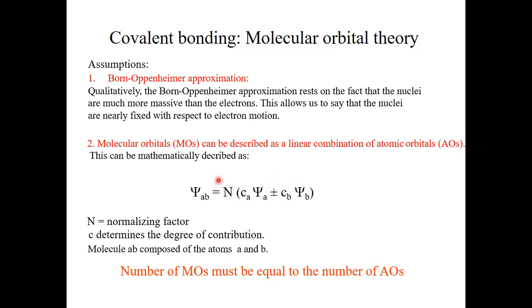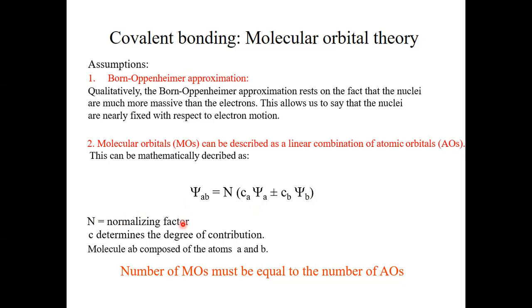Then you see here a factor n in front of this term. This is the so-called normalization factor. You know that normalization factor from atomic theory. In atomic theory, the normalization factor associated with an orbital guarantees that the integral over the square of the wave function of the atomic orbital is equal to 1.